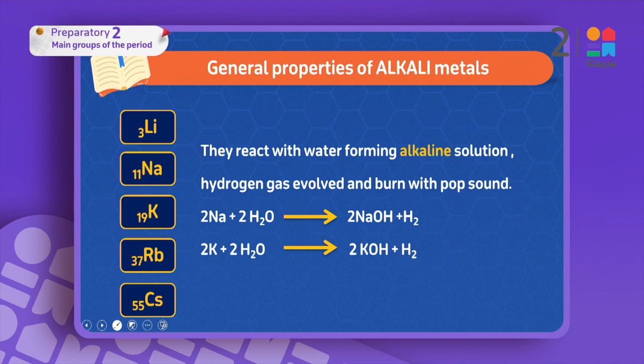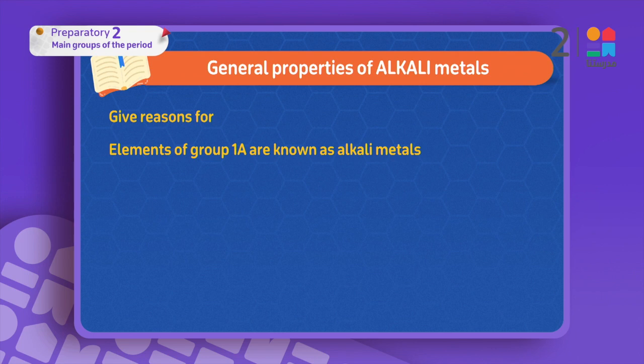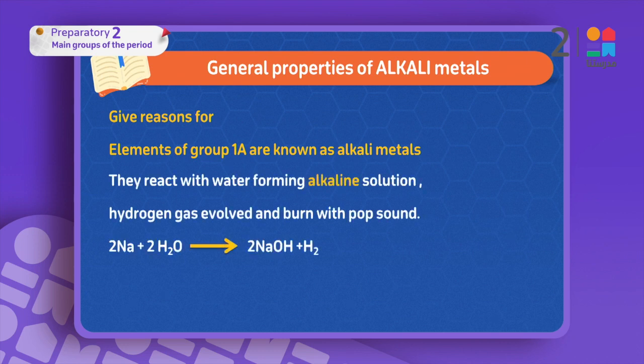This is the reaction. Now, did you know from where we get this nomination for group 1A, alkali metal? جبنا منين الاسم ده؟ This is very simple and easy. فبيقول لنا هنا الجيف reason question بيقول لي ايه؟ Elements of group 1A are known as alkali metals. Yes, of course they are alkali metals because their reaction with water gives alkaline solution.